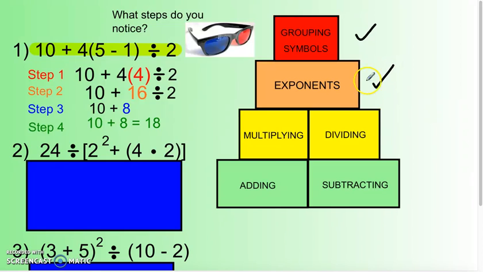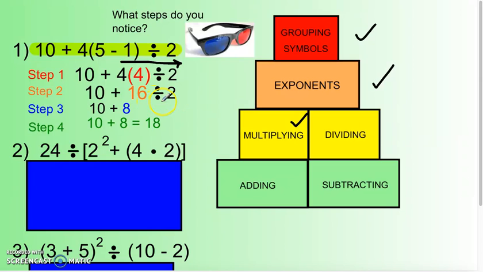Next step, any multiplication or division. Well, remember they come in order, so there's multiplication and there's division. So remember it goes from left to right, whatever comes first, that's the one we do first. So we're going to do multiplication first. So 4 times 4 is 16. And we're done with multiplication.